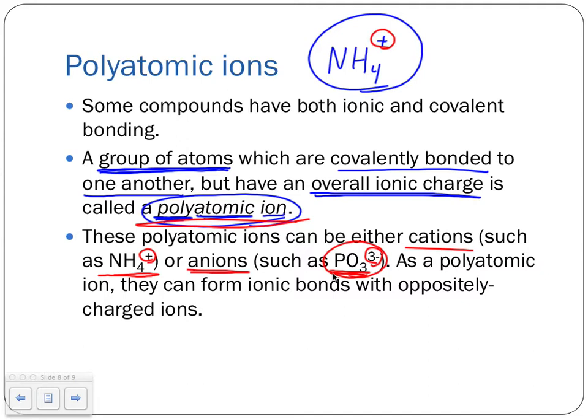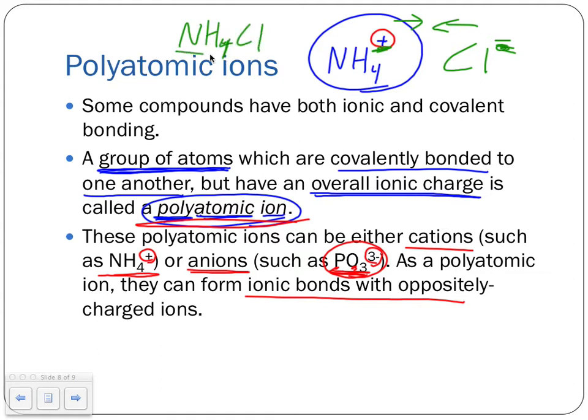And so what will happen is, while the polyatomic ions are covalently bonded within themselves, so the P is covalently bonded to these 3 O's right over here, since they're ions, they can form ionic bonds with oppositely charged ions. So for this one right here, if someone were to bring in, say, a chlorine ion, like this, the positive right here would attract the negative right there, and as a result these two would bond together and form an ionic bond, and you'd end up with a compound that would, in this case, be NH4Cl.